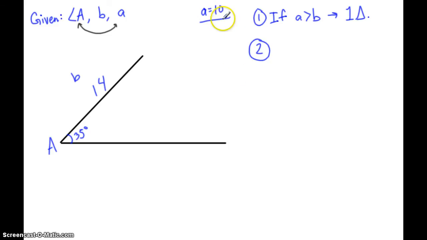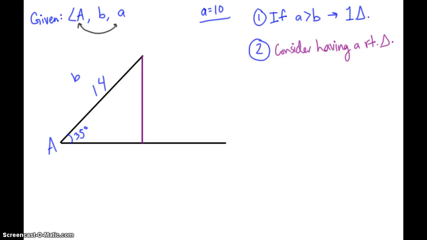So here's where I set aside my length of A for a minute, and I want to consider a right triangle. So consider having a right triangle. If this is a right triangle, I'm going to draw what that would look like.